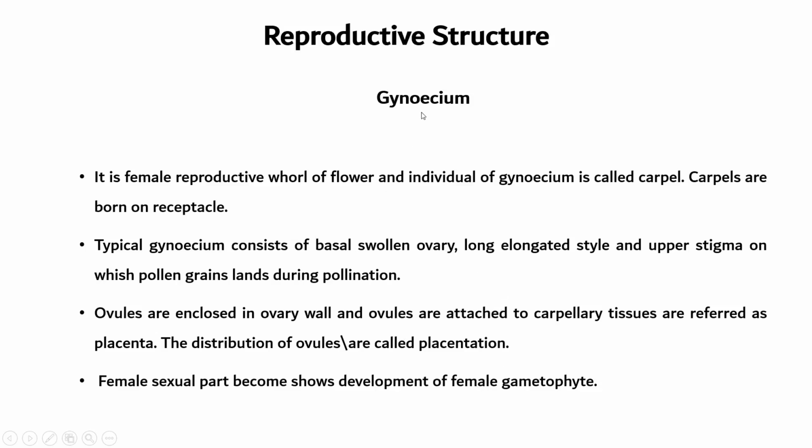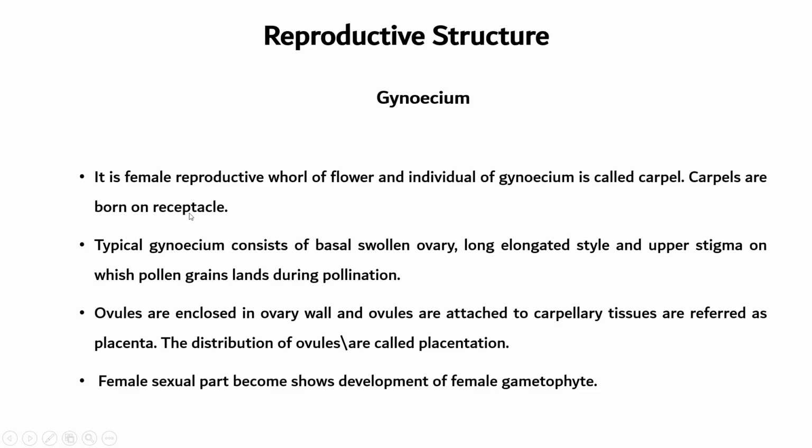Dear students, this is the innermost whorl of the reproductive structure of the plant body. It is called the gynoecium. It is the female reproductive whorl of the flower, and each individual of the gynoecium is called a carpel.